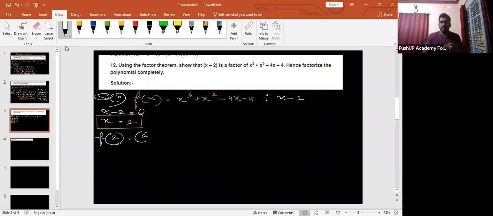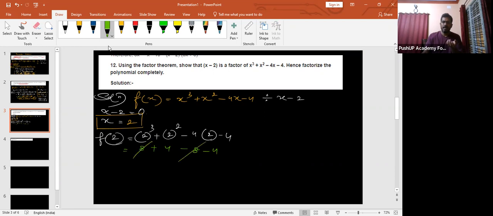So f of 2 would be 2 cube plus 2 square minus 4 into 2 minus 4. This is equal to 2 cube is 8 plus 2 square is 4 minus 4 into 2 is 8 and then minus 4. 8 and minus 8 cancel, 4 and minus 4 cancel. You're getting a 0. Hence, you can say x minus 2 is a factor.